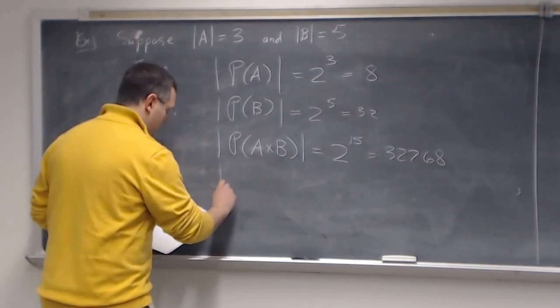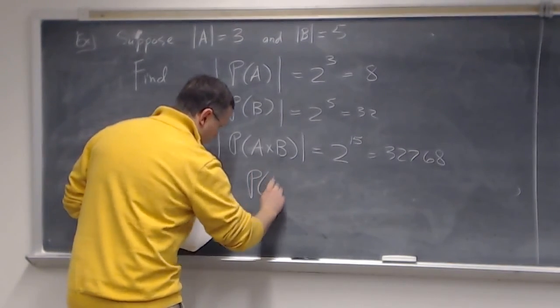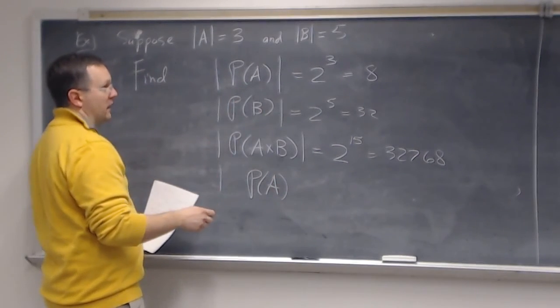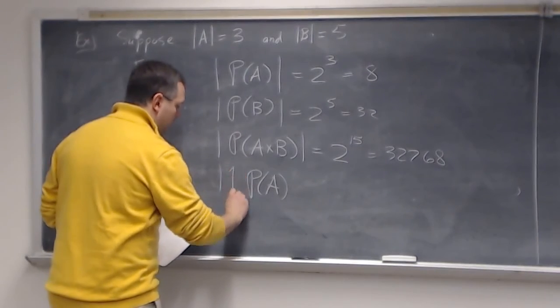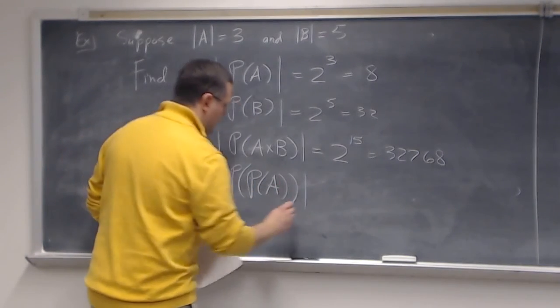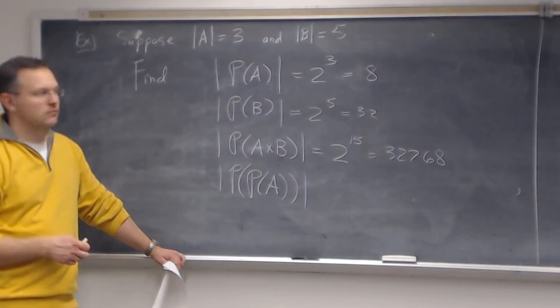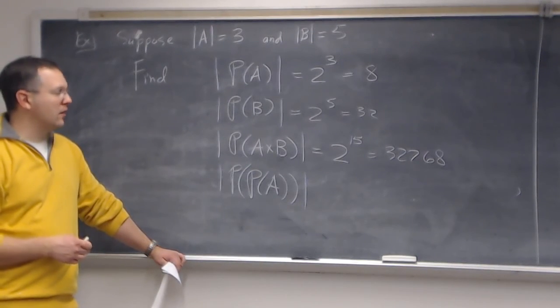How about this? We know the power set of A has 8 elements. What if I took the power set of the power set of A? You don't have to list it out. I just want to know how many elements there are.